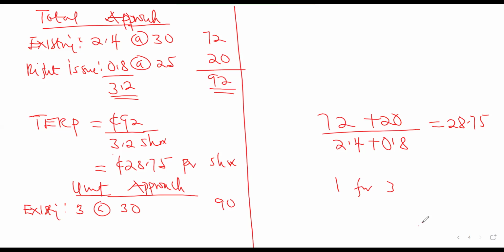We are coming for a new share of 1, so you bring 3 for 1, and that one is valued at 25. So on the unit level, we are going to have 115, and our shares will now be 4.